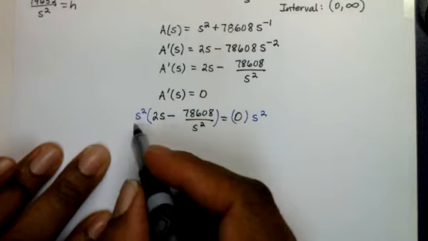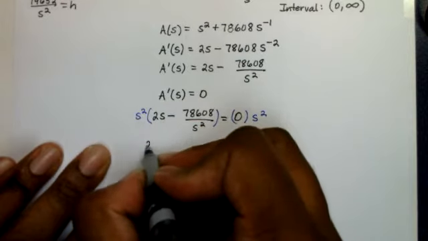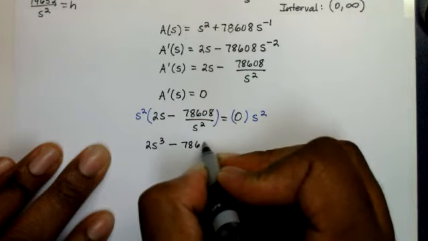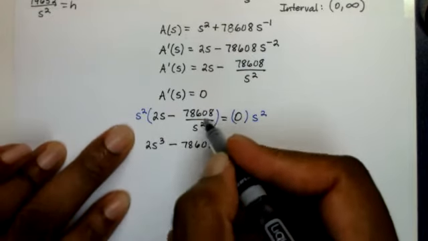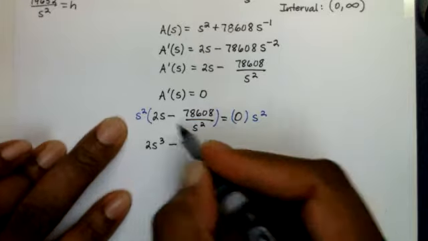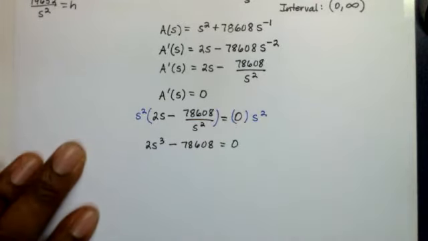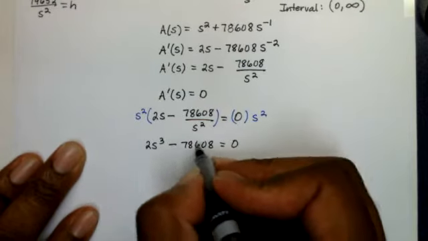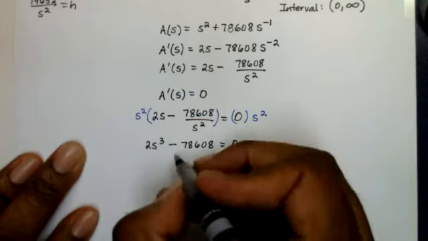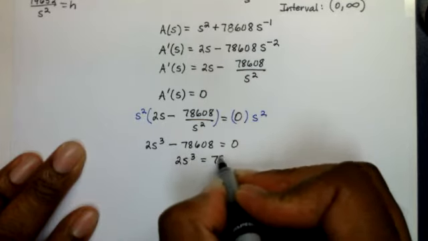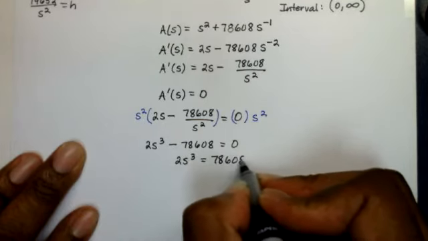So S squared times 2S will be 2S cubed minus 78,608. S squared times that S squared in the denominator divides out, and that's equal to 0. To solve for S, I'll move the 78,608 to the other side. It'd be 2S cubed is equal to 78,608.